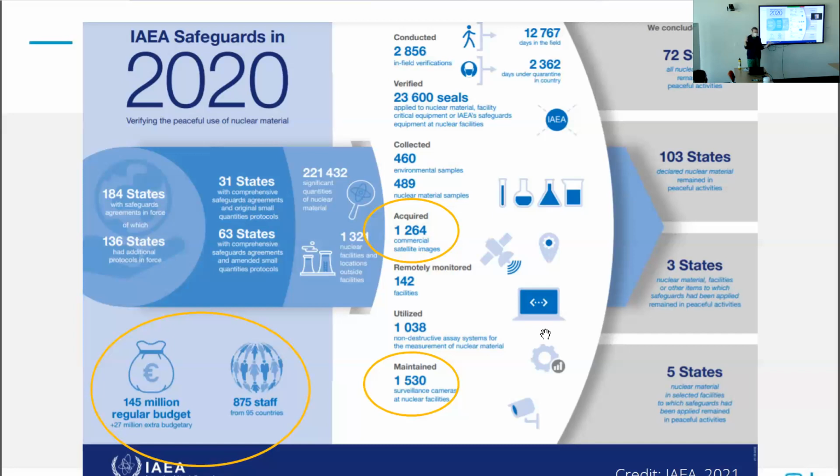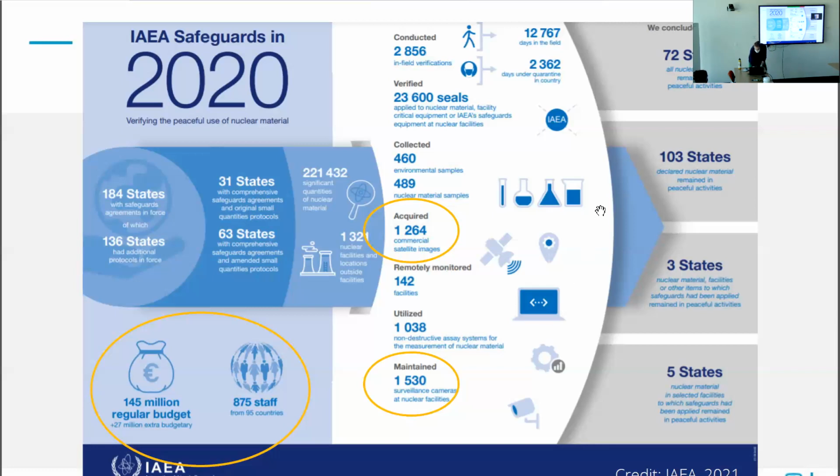These are cameras that are fixed, looking at things like a hatch over a reactor core, and they're just taking pictures at a given rate all the time. Each one of those pictures needs human eyeballs on it as part of their verification mandate. So that's just to give you a scale of what the IAEA was up to in 2020.